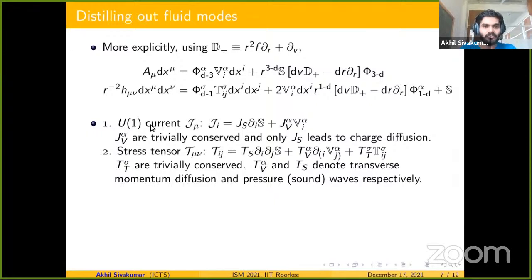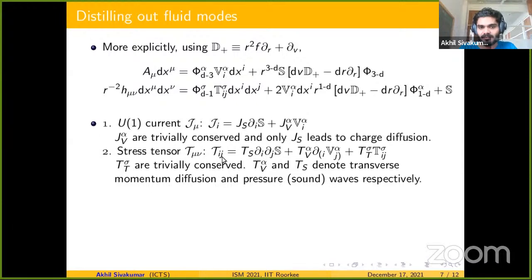To see this, if you have a U(1) current in the boundary, the spatial current can be decomposed by this SO_{d-2} into some vector and scalar. Since the vectors are transverse, they are trivially conserved. In some sense that indicates there should be short-lived modes because there's nothing non-trivial going on there. And indeed, you find that only J_S leads to non-trivial dynamics, and it shows charge diffusion and so on.